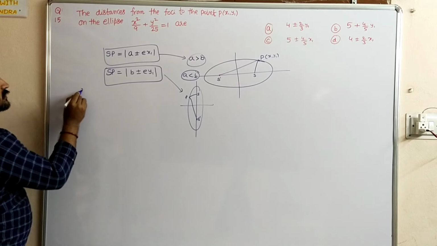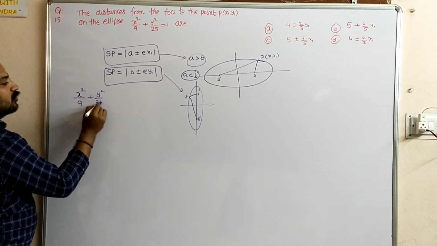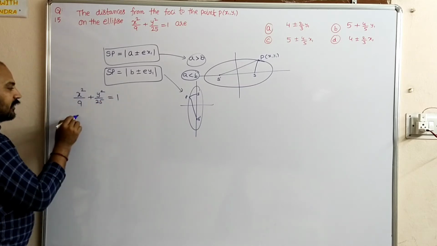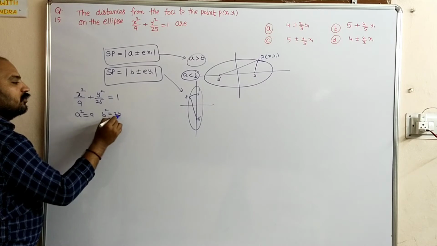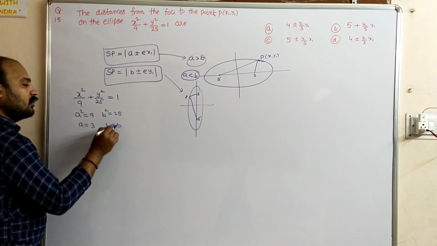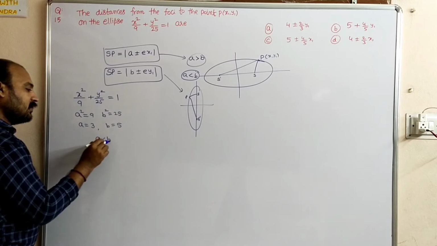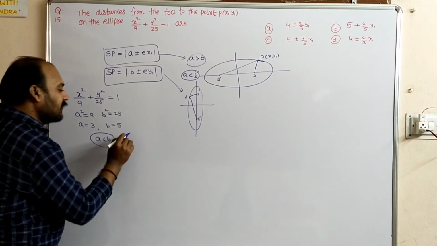The question is x square by 9 plus y square by 25 equal to 1, a square equal to 9 and b square equal to 25, a equal to 3 and b equal to 5. Clearly a is less than b. When a is less than b, calculate the eccentricity.